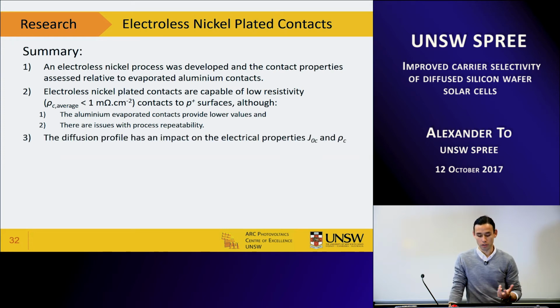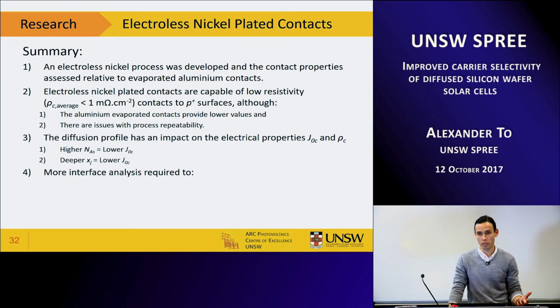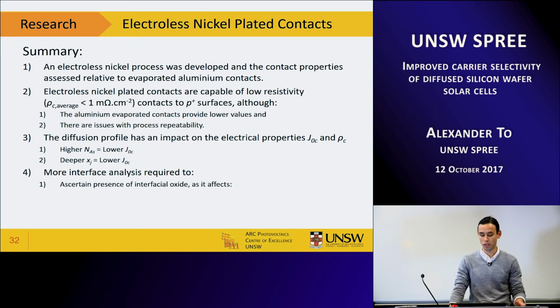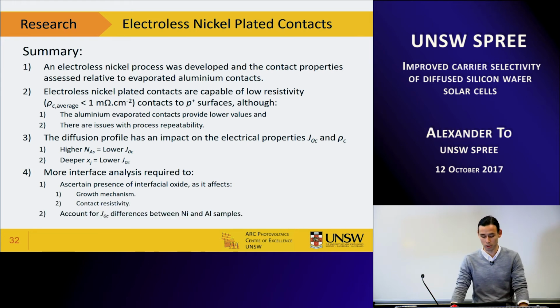We did show that the diffusion profile has an impact on the electrical properties, which I'll list here. And really, we need to do some more interface analysis to ascertain the presence of an interfacial oxide, as it may affect the growth mechanism, the contact resistivity, and also account for the differences in contact recombination.